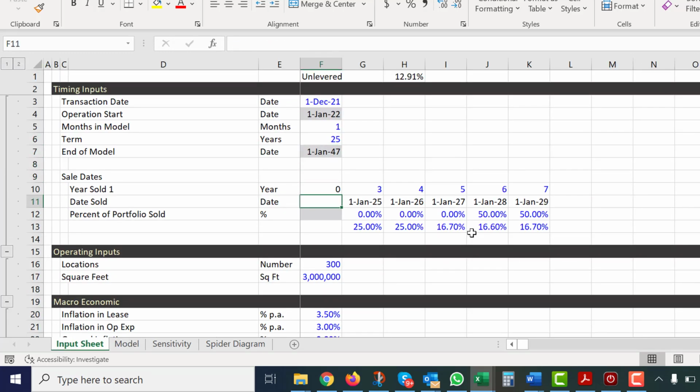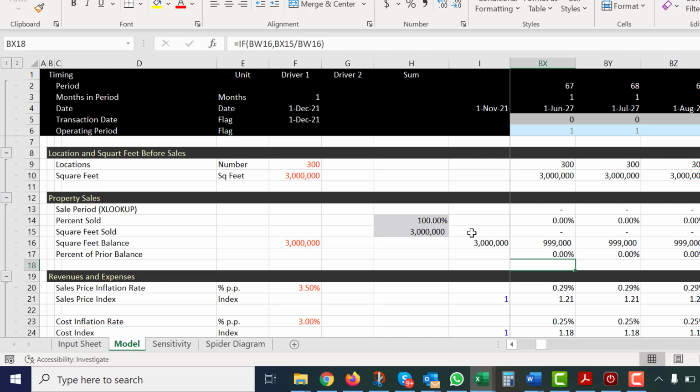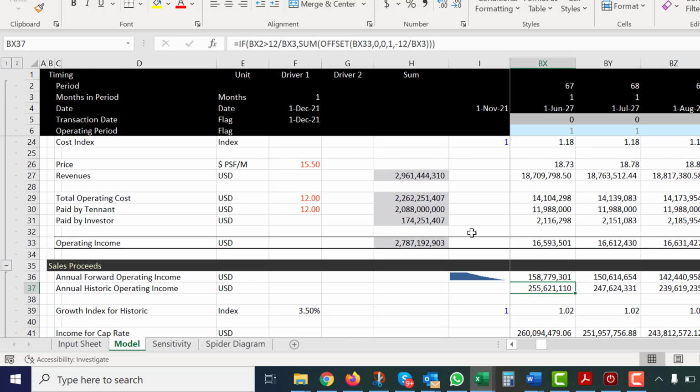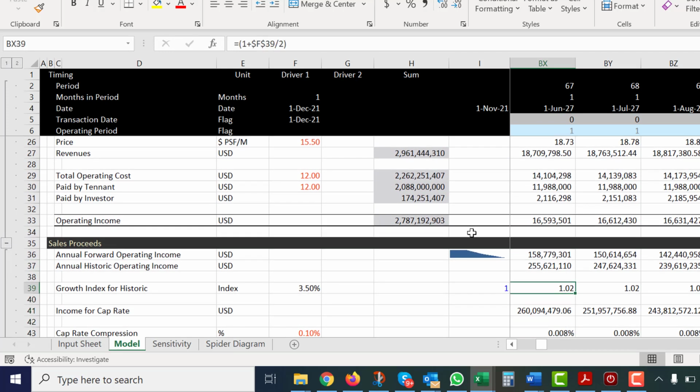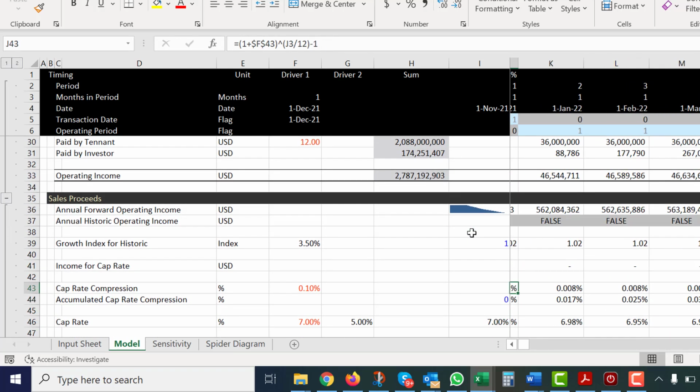And the other thing I think we should do is put in even a pretty small change in the cap rate compression. Okay, where's our cap rate? We put this in, even if it's very small.